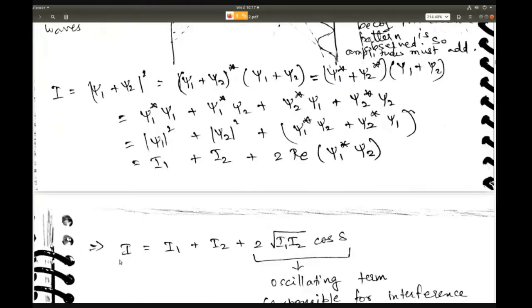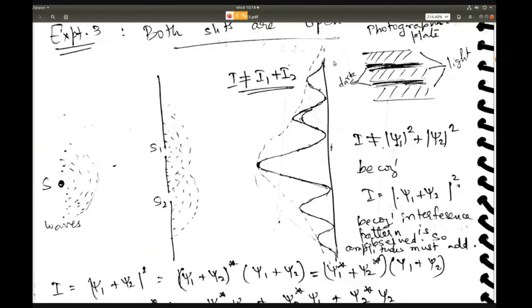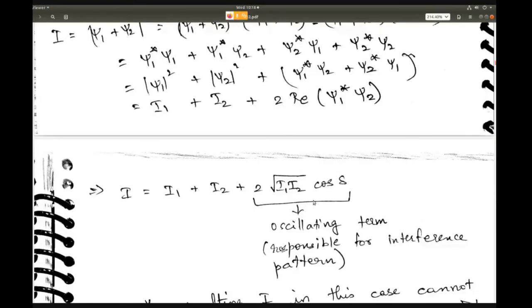So this finally simplifies to I1 plus I2, and the remaining part is 2 into root of I1 I2 into cos delta. This is the term which causes the oscillating profile of the intensity. This is the term that is responsible for the interference pattern.